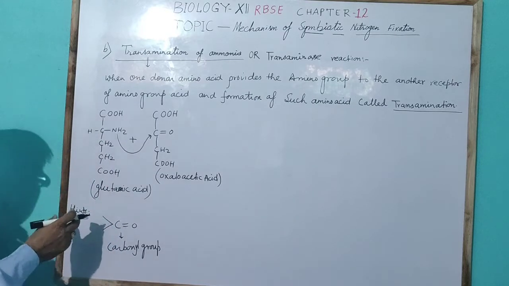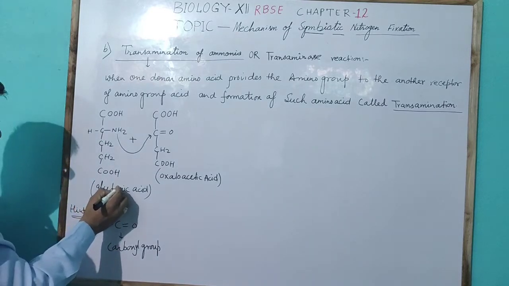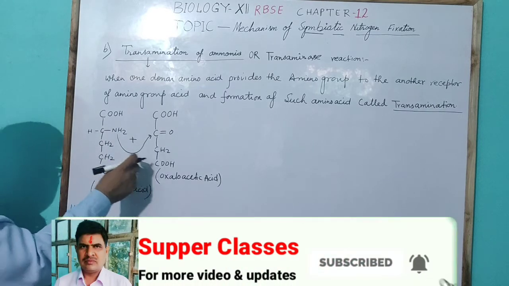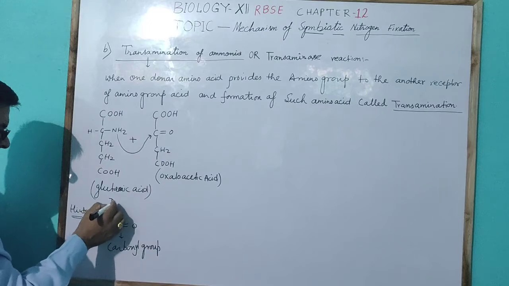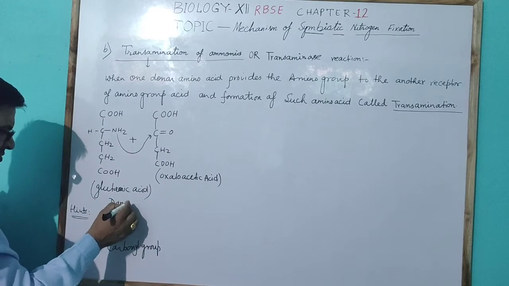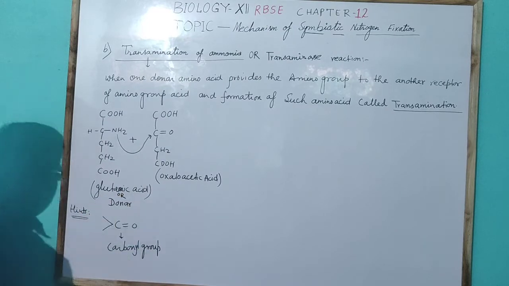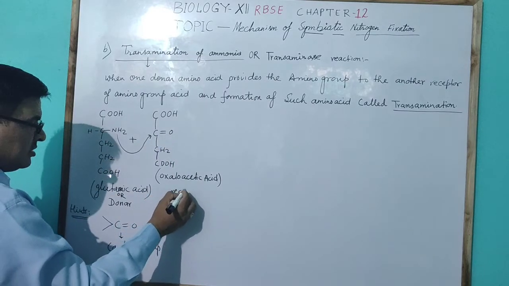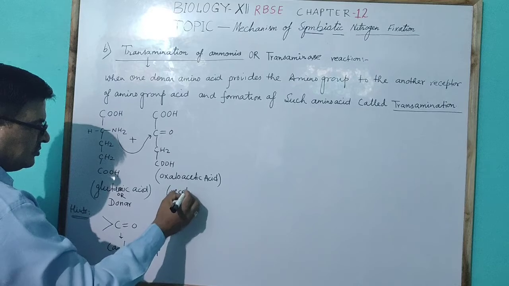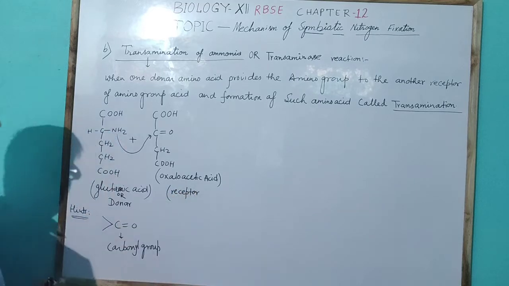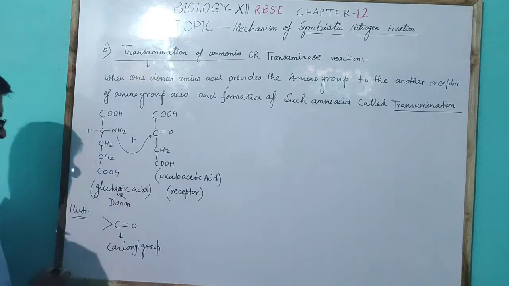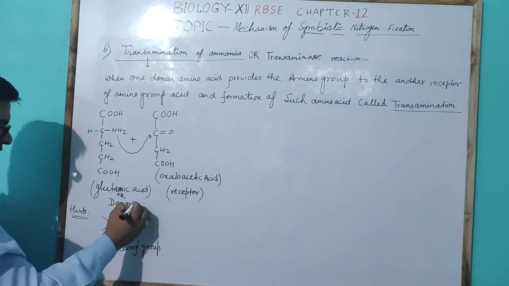So the acid which transfers the amino group is called the donor, and the acid which receives the amino group is called the receptor. So this is the receptor acid and this is the donor acid.